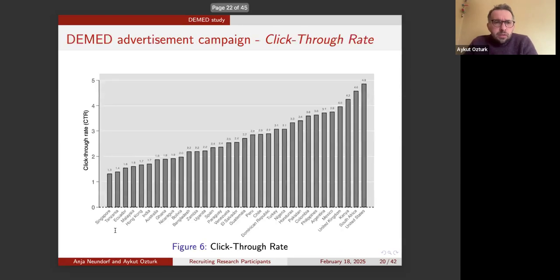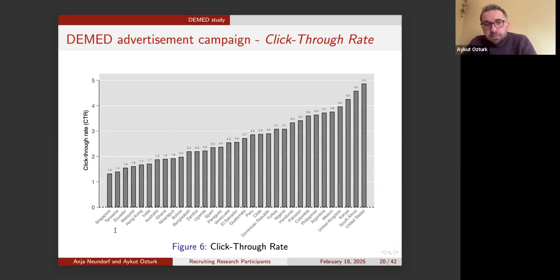And what you see here is the click-through rate, that is the proportion of social media users who clicked on our advertisements. There's a significant difference as well. In the United States, nearly 5% of social media users clicked on our advertisements. In Singapore, it was 1%.